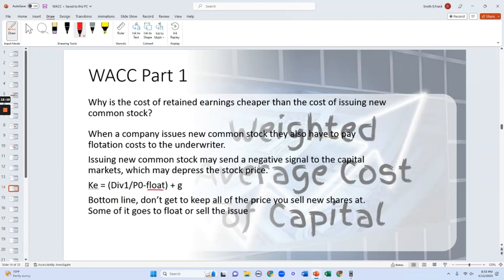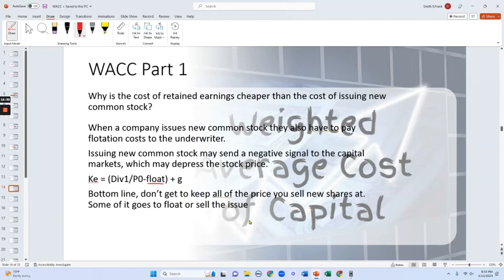So we're using the same equation on the constant growth, the dividend at time 1 over the price at time 0 plus G, but if you're having to issue new stock, you don't get to keep all of the price. You only get to keep part of it, and therefore this number becomes smaller. So the cost over here becomes bigger, and basically the cost of equity when you issue new stock is more expensive because you don't get to keep all of the money that you raise.